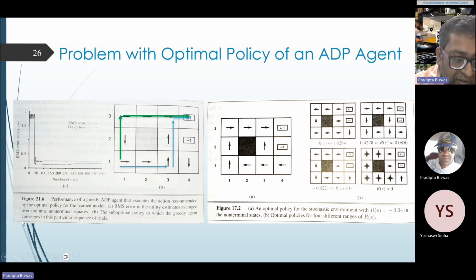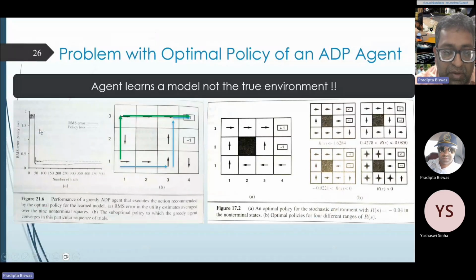So on the left-hand side, you can see that this is the policy we get when we assume r equal to minus 0.04. But these are alternative policies we get.